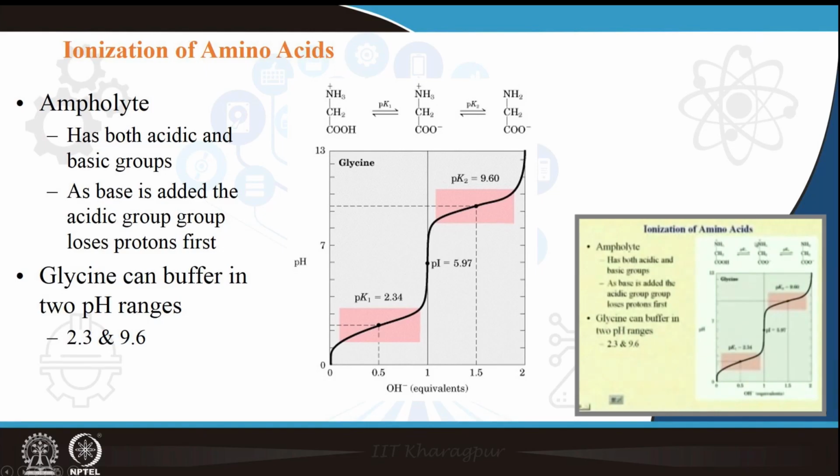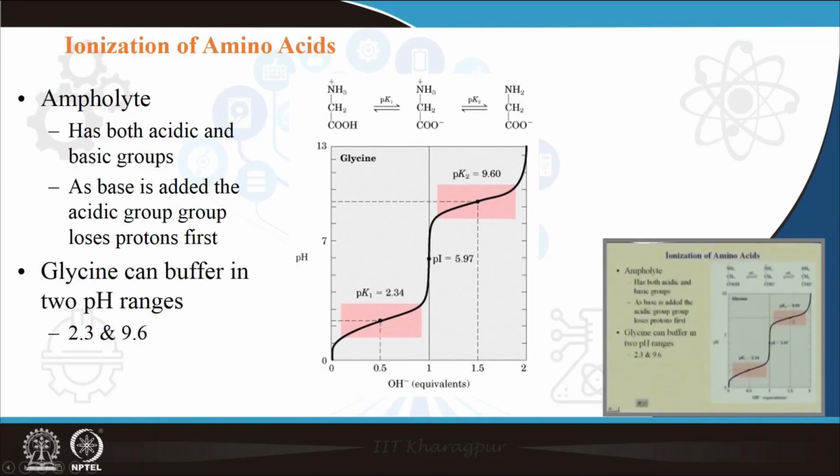So this is my HA because now this is my acid, which has this additional H plus added to it. As I add OH minus, I abstract this proton at a particular pH. The pK2 will correspond to a pH where I have equal amounts of this species and this species.